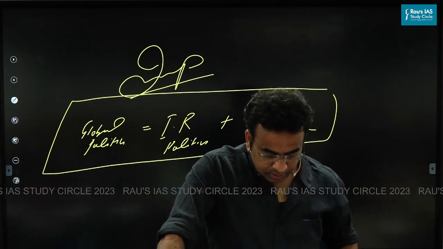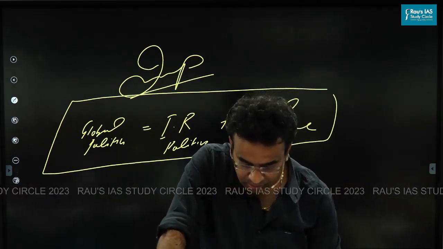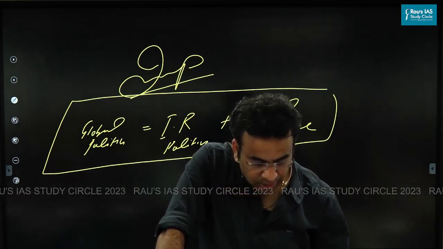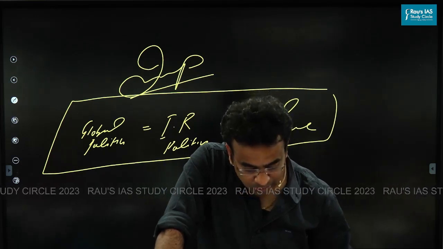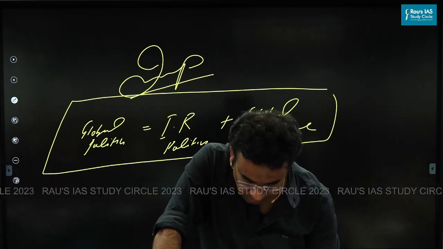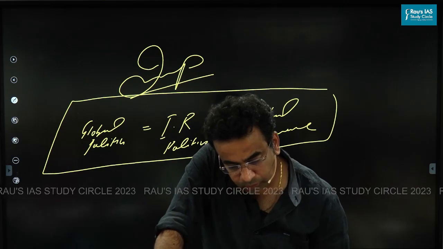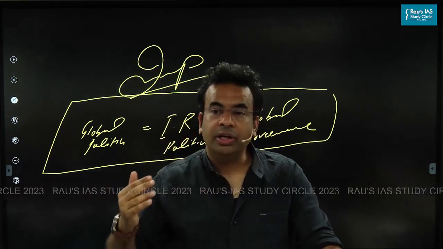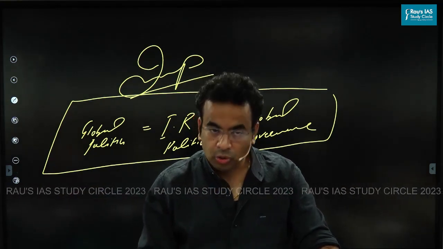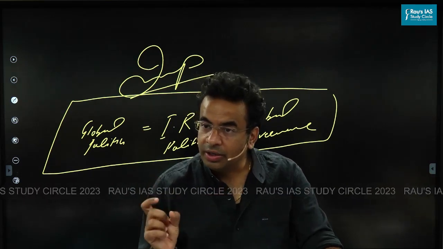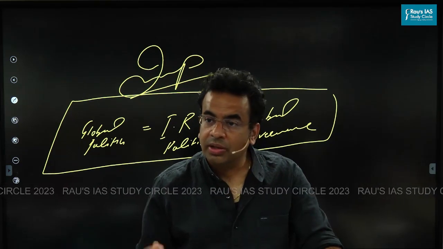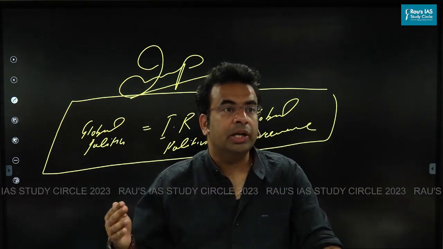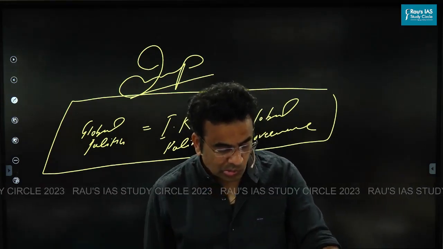Now, global governance. Right. Global governance is a dynamic and complex process of interactive decision making that involves formal and informal mechanisms.